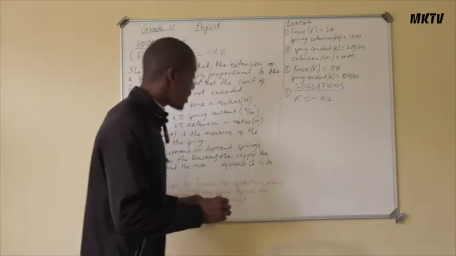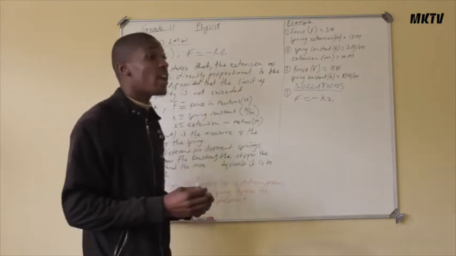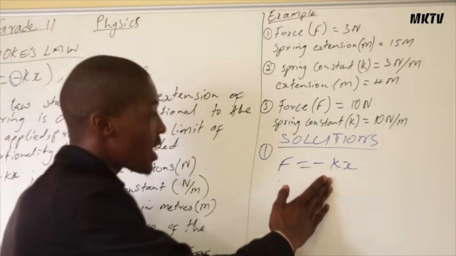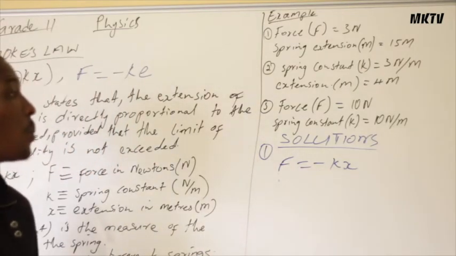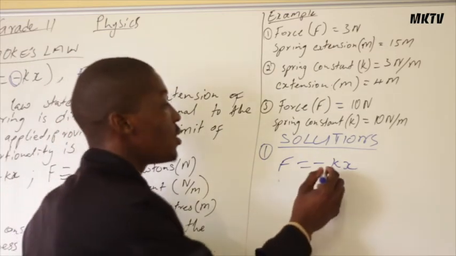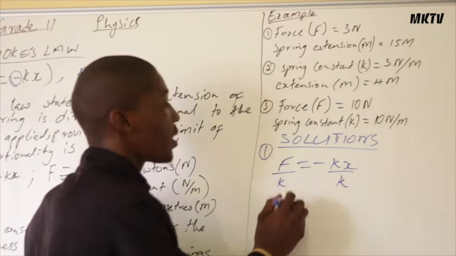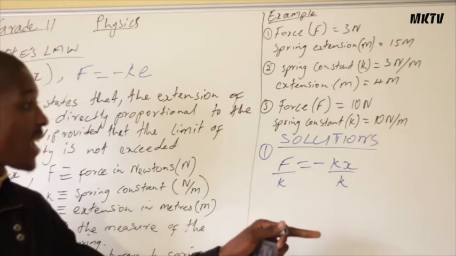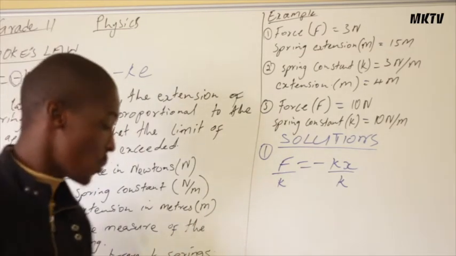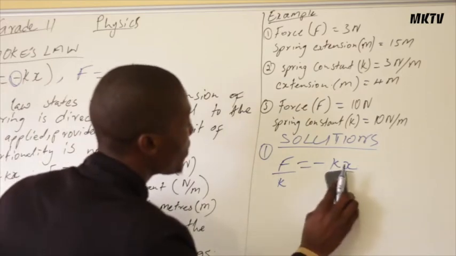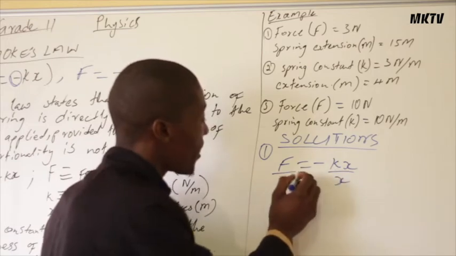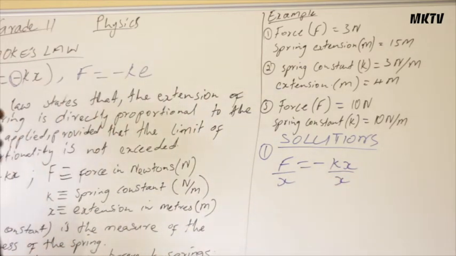So this time around, we have to calculate the spring constant. For us to get the spring constant, we have to do the mathematical procedure of making k the subject of the formula. Therefore, making k the subject of the formula, we are going to divide both sides by x, because k has multiplied x on the right side, and we want k to be left alone.